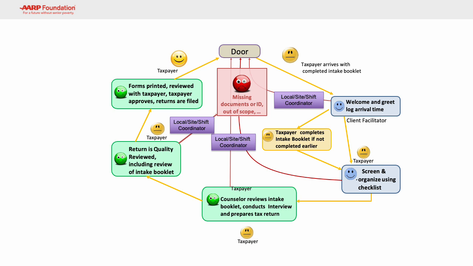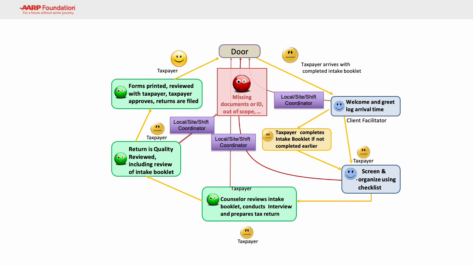The client facilitator helps make the taxpayers feel welcome and at ease, hopefully gathering and organizing their paperwork, describing the tax preparation process, and conducting an intake interview. They also act as our first layer for screening situations that are or may be out of scope. We'll talk a lot more about the intake booklet in just a minute, but one of the initial actions taken by a client facilitator is to ensure the taxpayer has completed an intake booklet before moving on to the tax counselor.